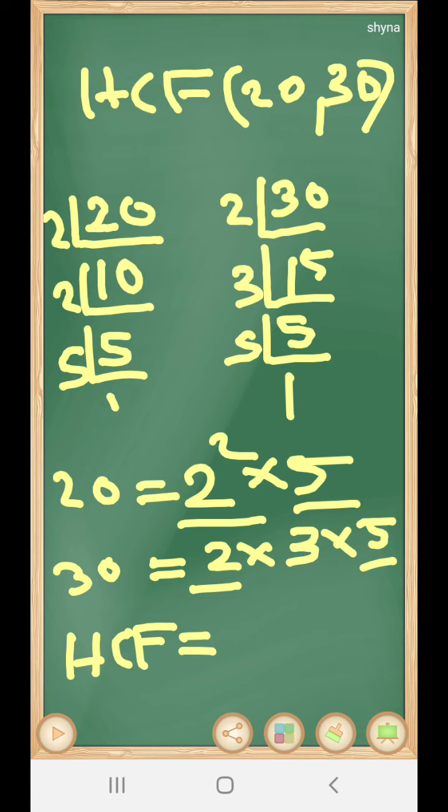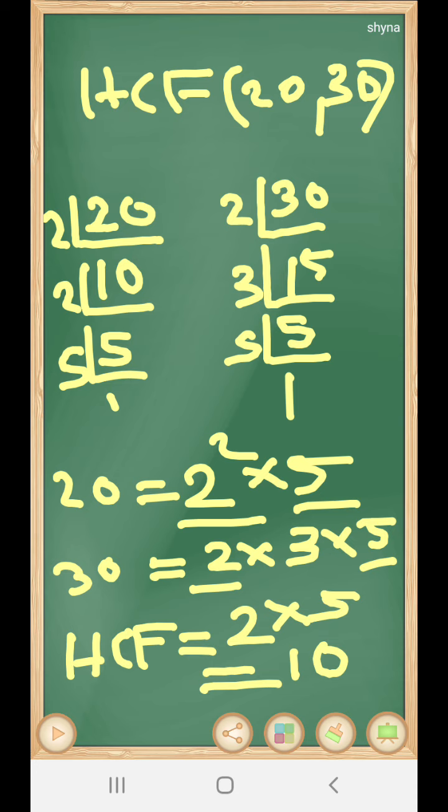The method is: HCF is the product of the common factors with the minimum power. 2 squared and 2, so 2 is the factor with the smallest power. 2 and 5 both have the same power, so same 5. So HCF equals 2 into 5 equals 10. HCF of 20 and 30 equals 10.